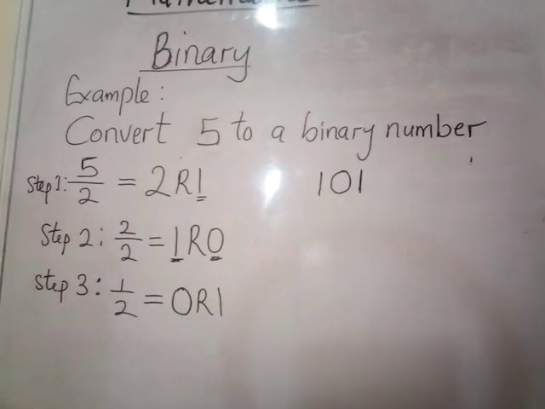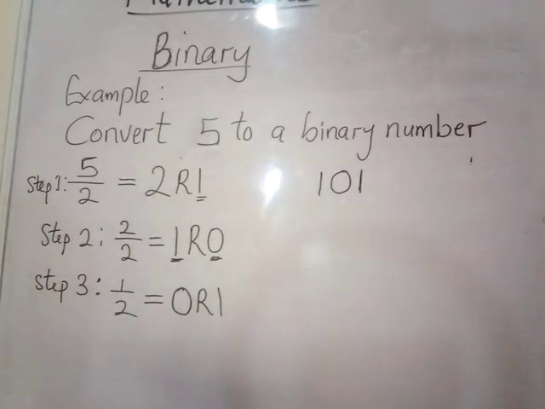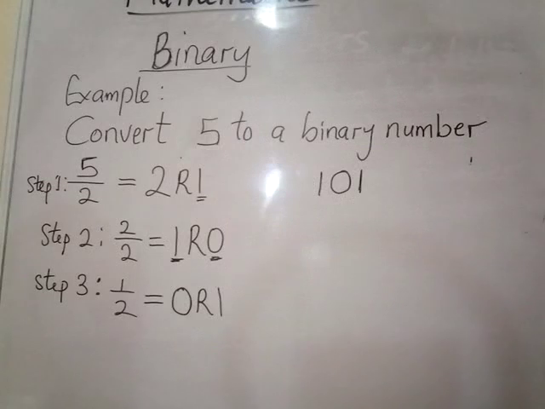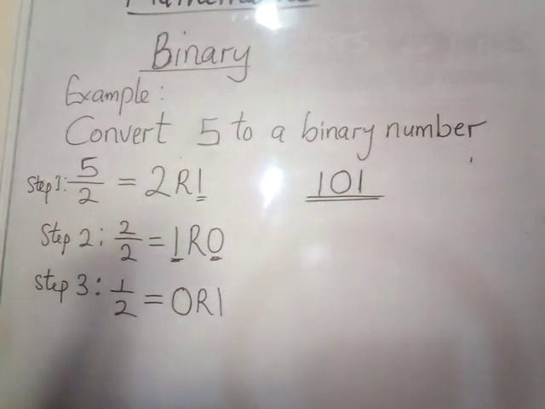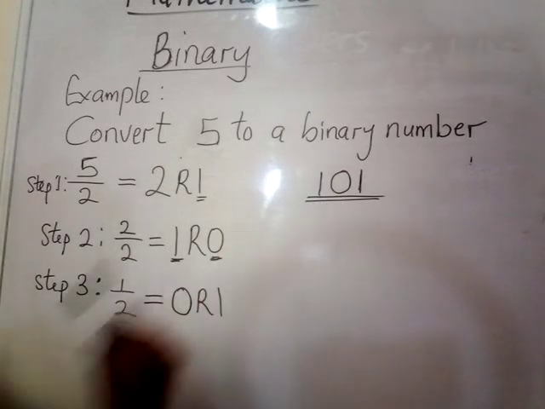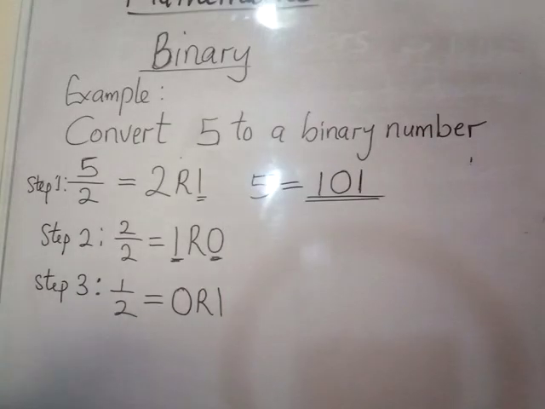We added 1 to that, it gave us 4, 1, 0, 0. And then when we added 1 to 1, 0, 0, it gave us 1, 0, 1 as 5. And if you look here again, using this method of conversion, 5 is also giving us 1, 0, 1. So this is a method for conversion.